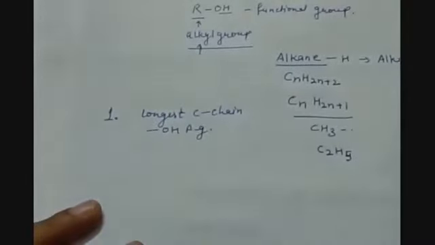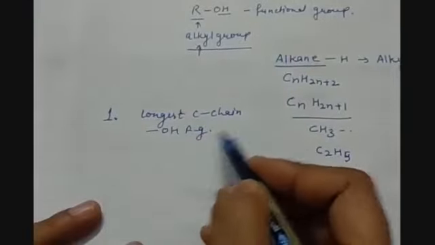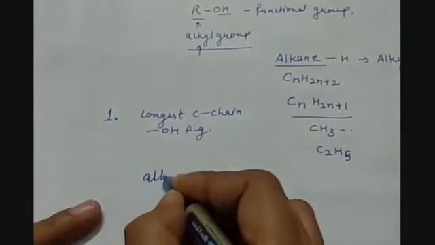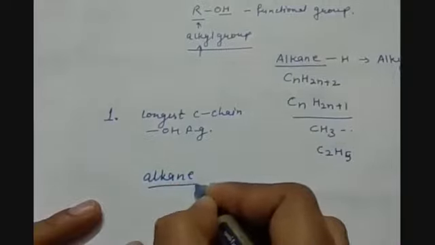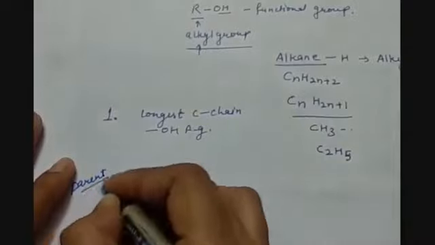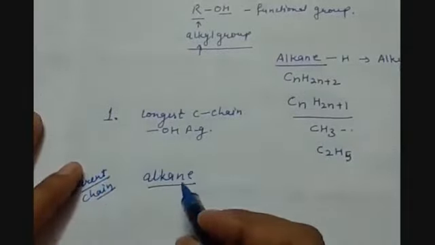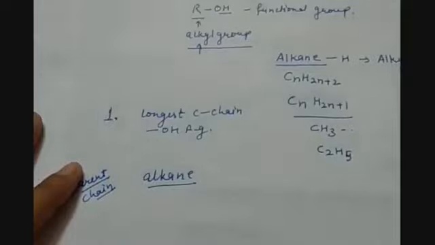Then the carbon chain will be an alkane, so the word root, or parent chain, is alkane. We have to see how many carbon atoms are present.